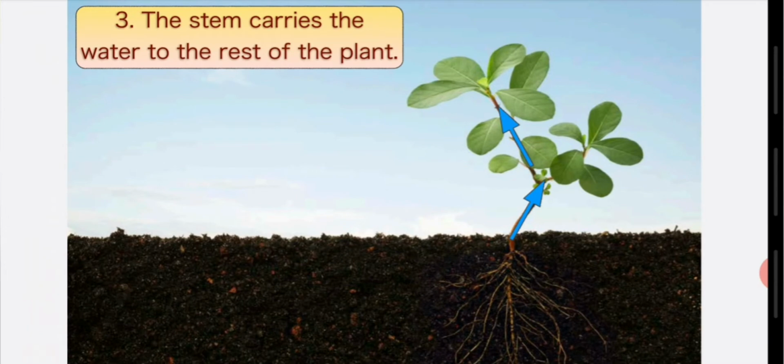And then third, the stem carries the water up to the rest of the plant. So the roots and the stem really work together to absorb all of the water from the soil and take that water up to the leaves and up to the flowers, where it can make food for energy, and so it can reproduce itself. It can make a new plant for next year.